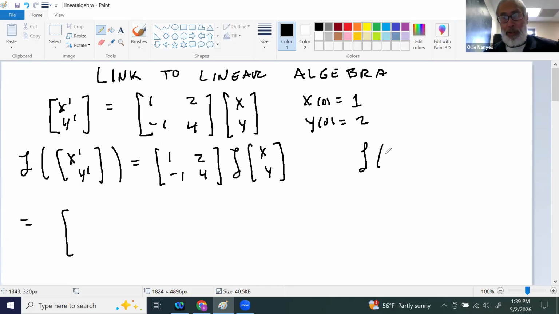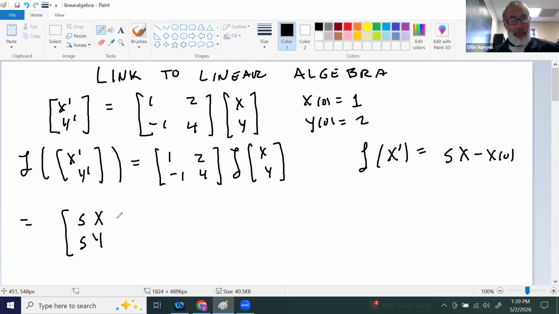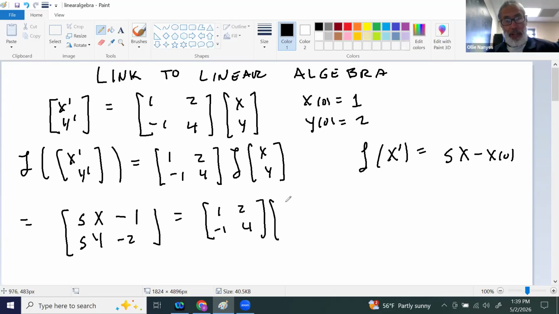The Laplace transform of x prime is sx minus x of 0, so we'd have sx, sy, minus 1, minus 2. And this would now be x of s, y of s, instead of t.